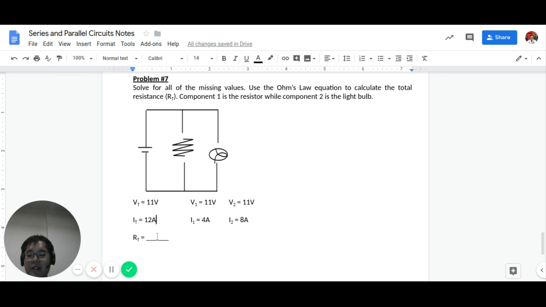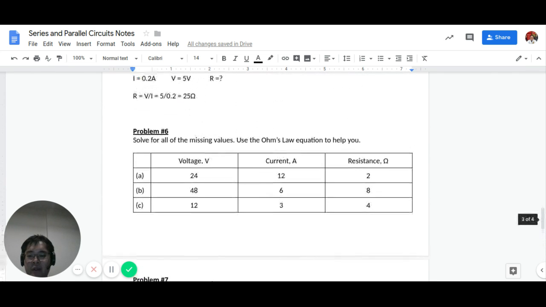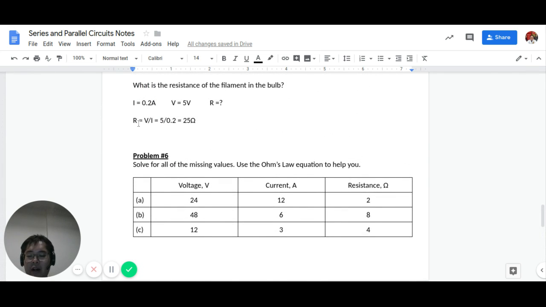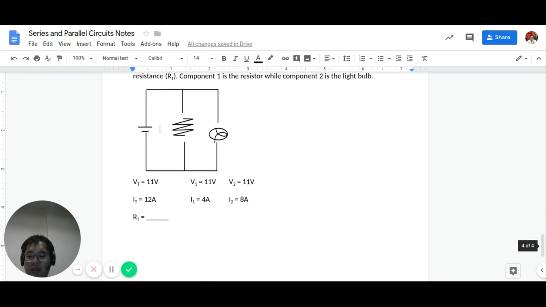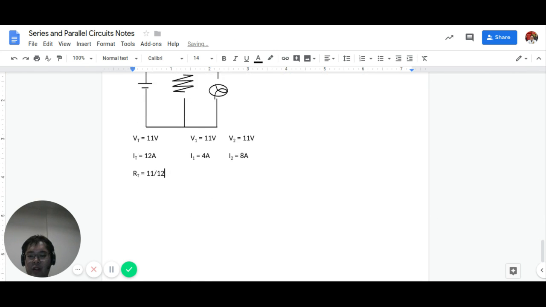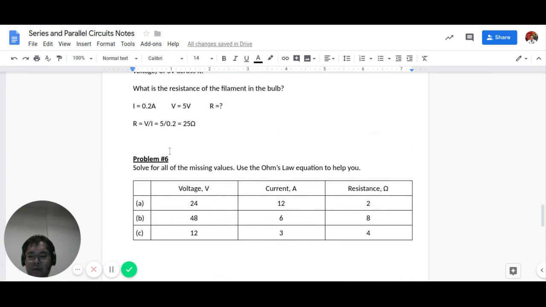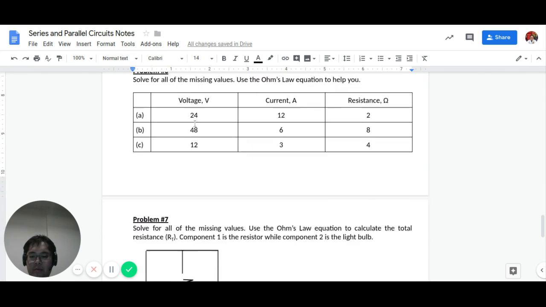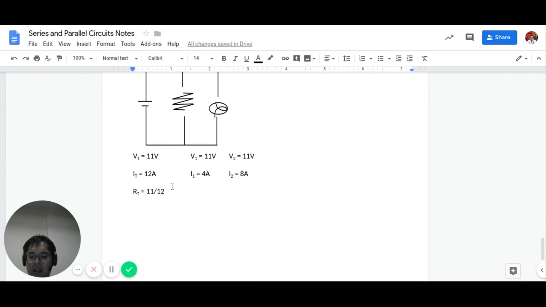Now, if we want to calculate the total resistance, again, remember the example that we had done before this: R equals V over I. So in this case here, my answer should be 11 out of 12, and I just have to copy that omega symbol. Here we go, and I'll paste it here.